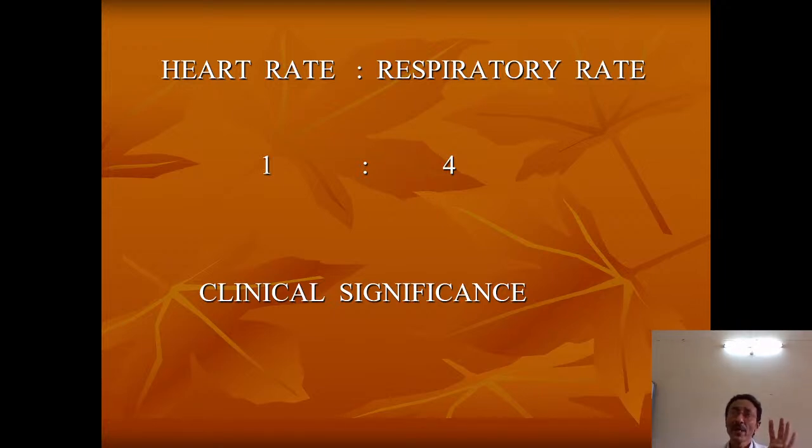This is important because if this ratio is maintained, where for every breathing cycle, 1 inspiration and expiration, the heart beats 4 times, then it means that sufficient oxygen is being transported to the cells.